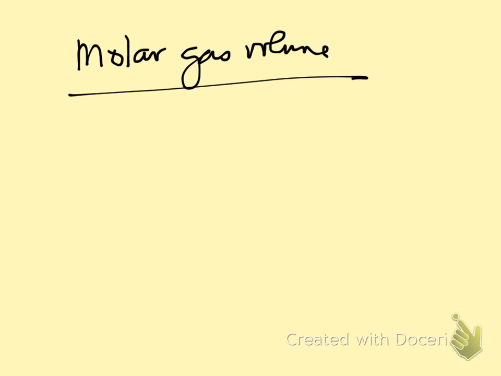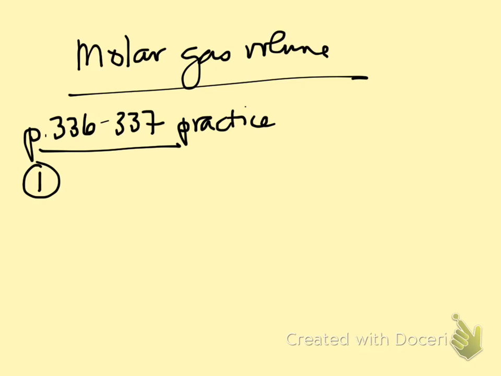So if you would be so kind as to go to pages 336 and 337 in your book, we'll do a couple practice problems together. Okay, so at the bottom of 336, we've got practice problem 1, and it says, at STP, what is the volume of 7.08 moles of nitrogen gas? So this is a simple factor label because it's at STP, so we start with our given, 7.08 moles of N2.